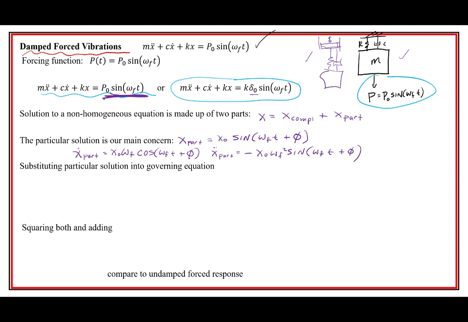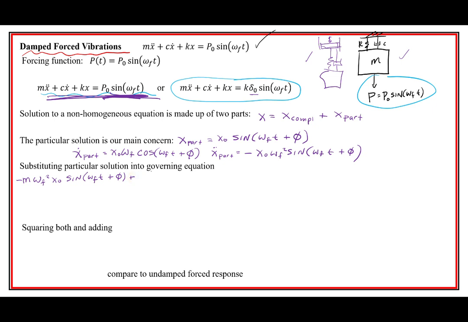All right, so we substitute this back in, and there's a lot of stuff that has to come back into this equation. So let's start way over on the left. Negative m omega f squared x0 sine of omega f t. I'm keeping with my positive phase, but I'm not quite certain of it.